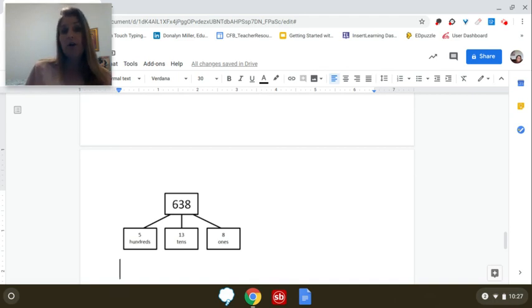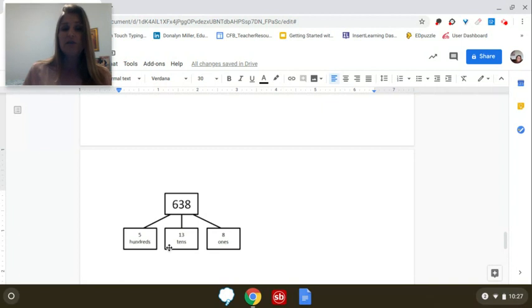Now, I do know that 10 tens make 100. So if I have 13 tens, then I actually have over 100 of the tens, correct? I have 130. So I could take 10 of these tens and make one 100.